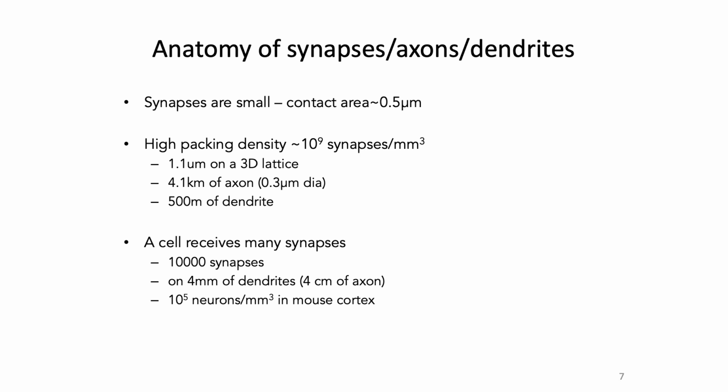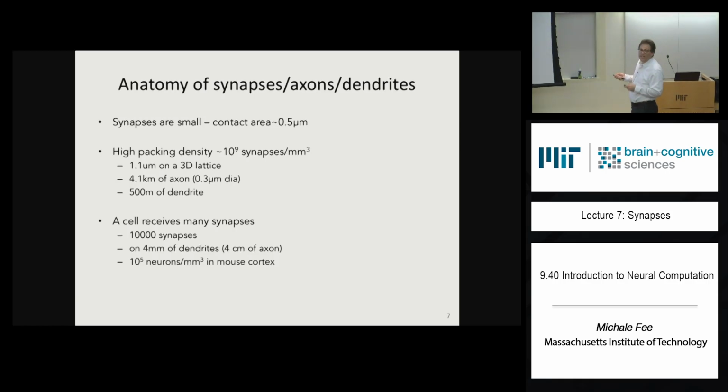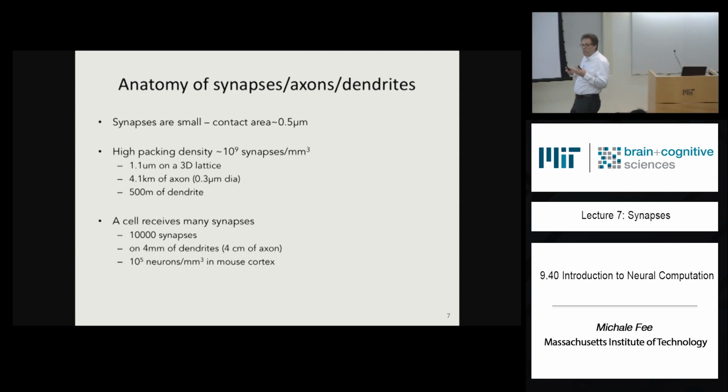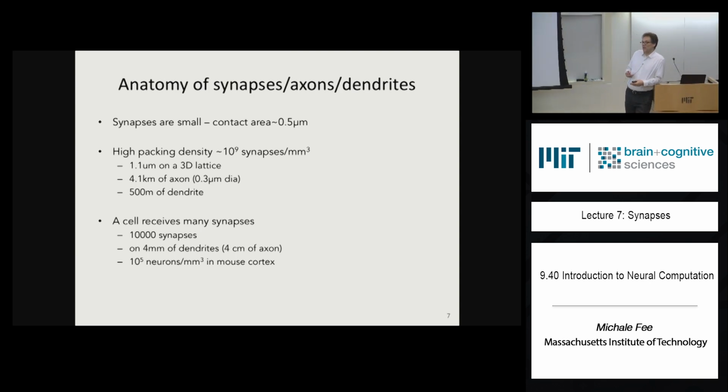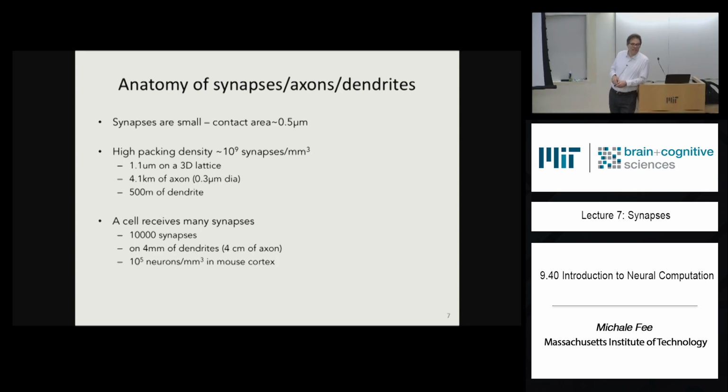That means there's a synapse on a lattice every 1.1 microns. They're some fraction of a micron big, and there's one of them every micron. Most of your brain is filled with synapses.